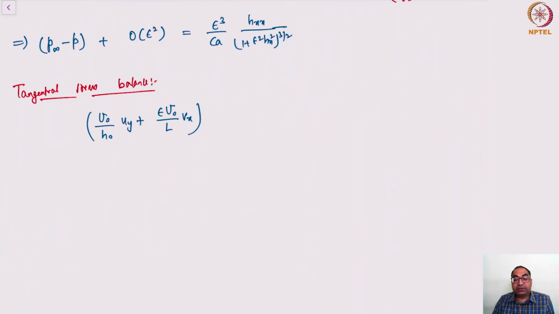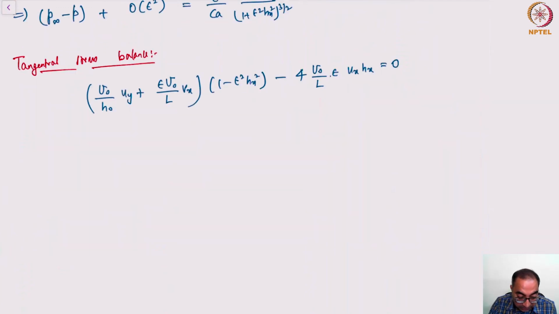This is what we have: the first term, minus 1 minus epsilon square hx square minus 4 u tilde x tilde, that is u naught by L, and h tilde x tilde, that is epsilon into ux hx, is 0. Right?